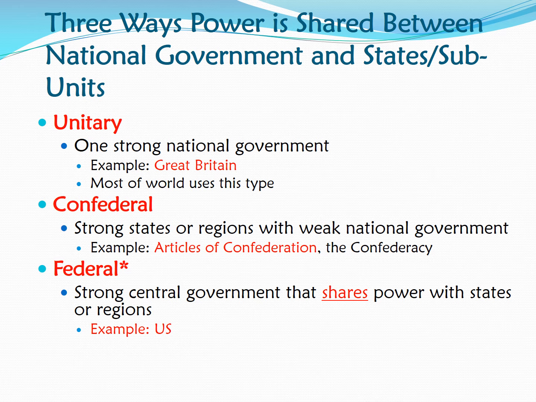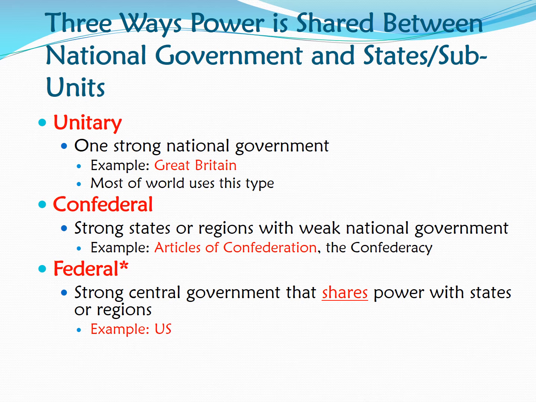In this case, you'll note that with unitary forms of government, the power is largely concentrated in the central government. In fact, under unitary governments, the smaller subunits of government can actually be gotten rid of. The central government can, in other words, decide, we no longer want this state. Goodbye, Georgia. But the opposite is true under a confederation, where the power really rests with the states or the subunits of government.